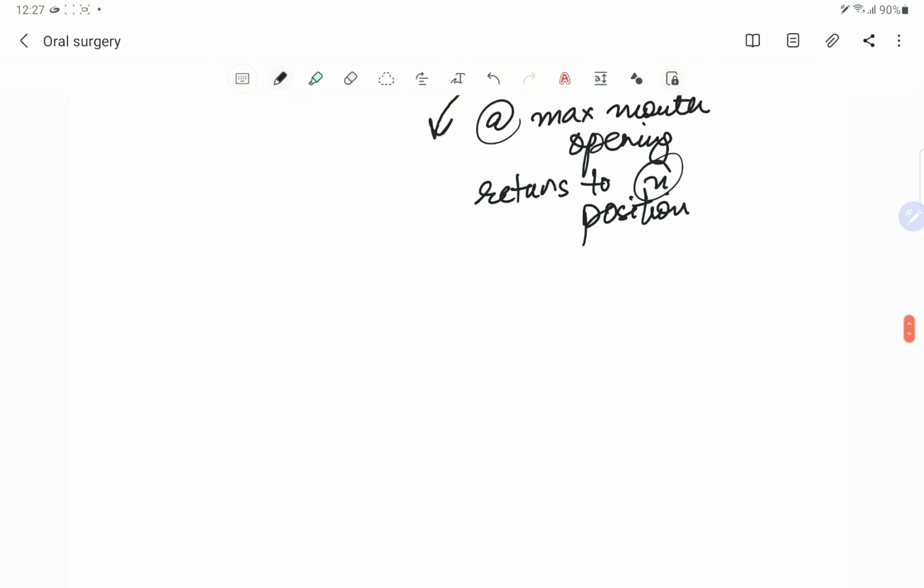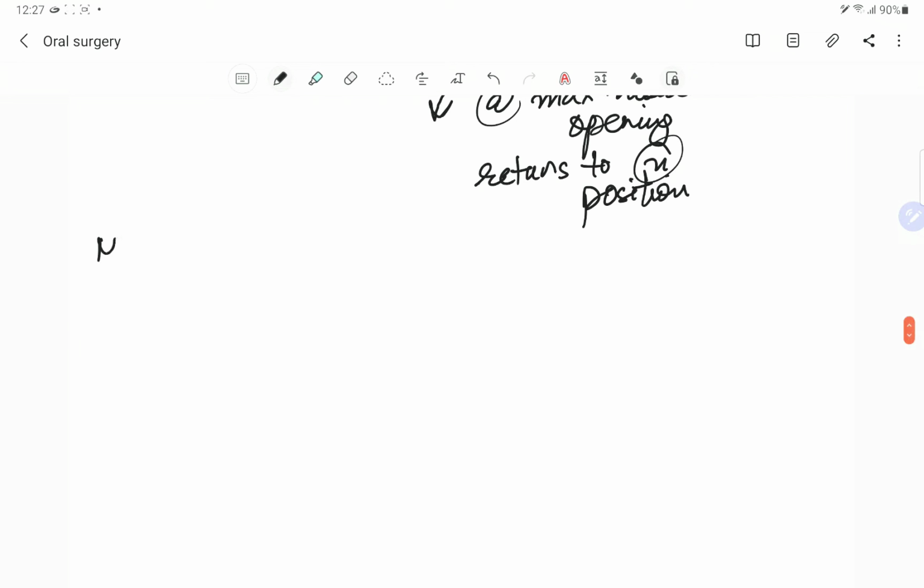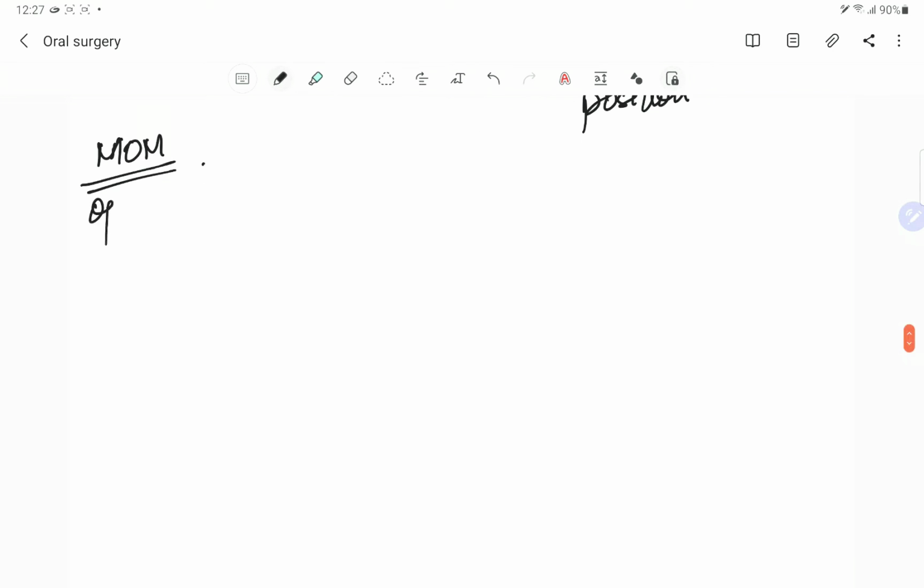It is very important that we know the muscles of mastication, because they are very important when we are talking about the temporomandibular joint. When we open the mouth, we open the mandible, and the muscle involved is the lateral pterygoid.